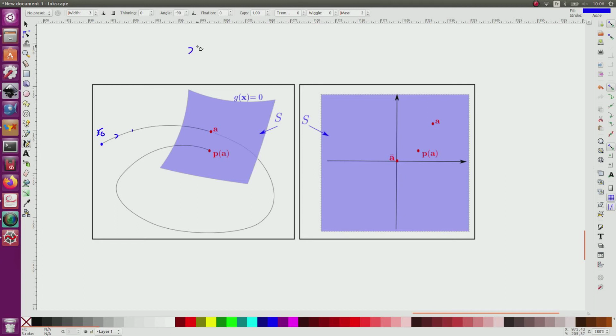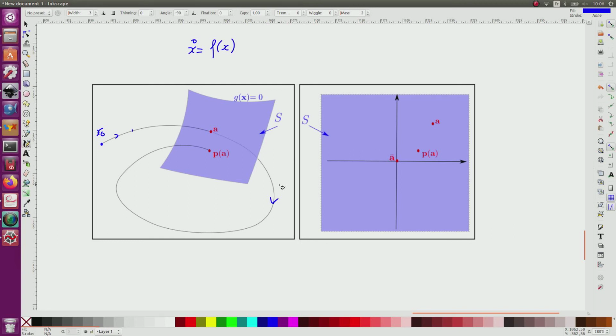So I consider a system like this, x dot equal f of x. I do not take into account q at the moment. So my trajectory will intersect the surface S, for instance at point A, and it will intersect several times when time goes to infinity.